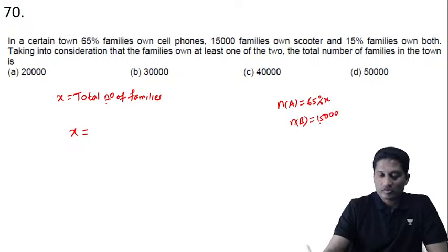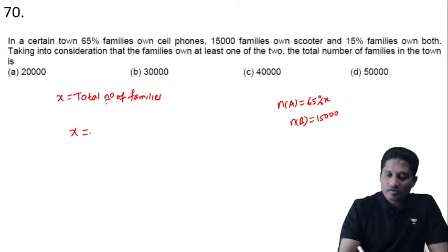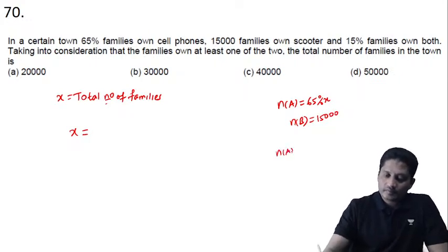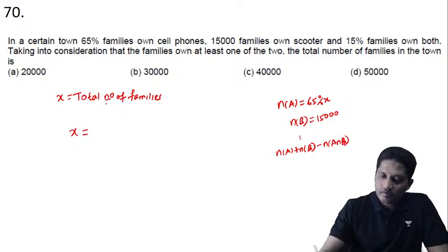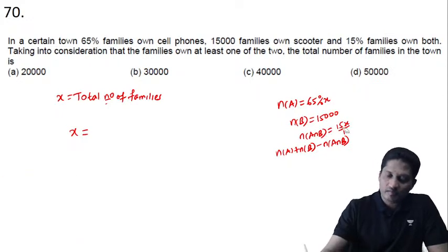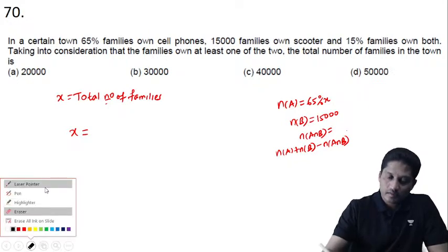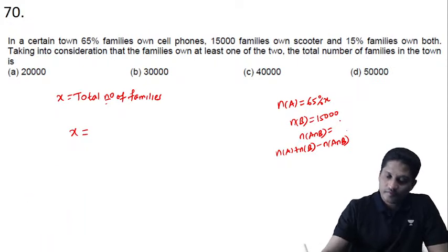No, sorry, 15,000. So the union is n(A) plus n(B) minus n(A intersection B), right? Now n(A intersection B), owning both, is 15% of X. Let me write percentage, then I'll convert later.